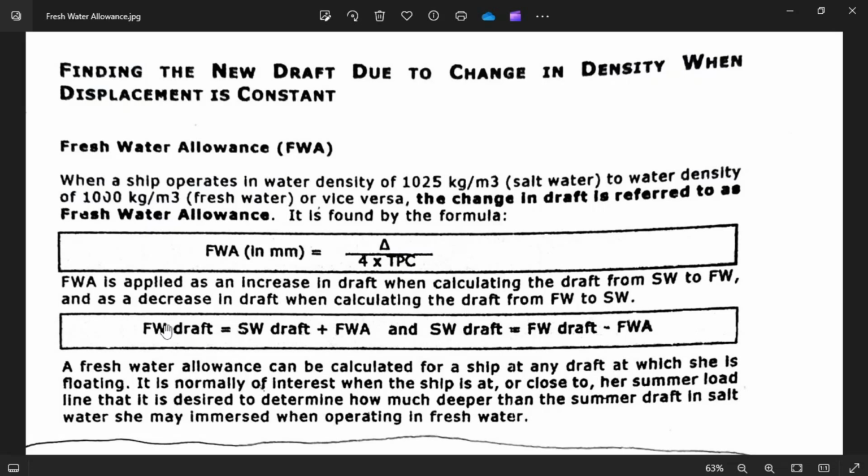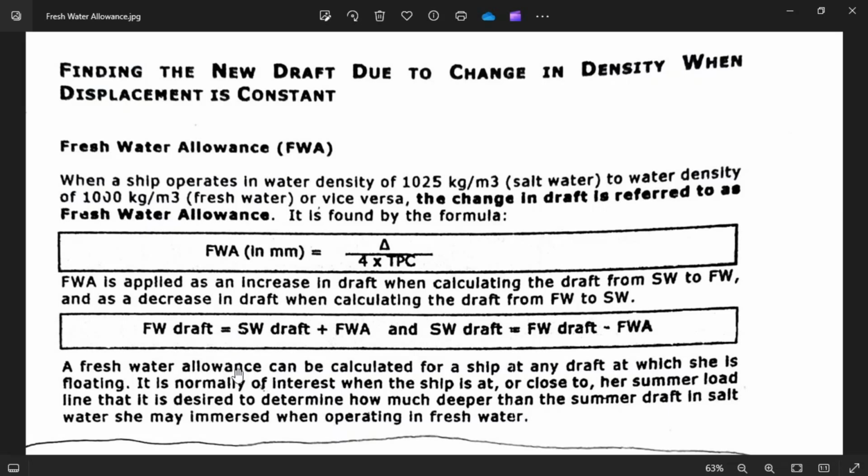Freshwater allowance is applied as an increase in draft when calculating the draft from salt water to fresh water, and as a decrease in draft when calculating from fresh water to salt water. Meaning guys, if you are looking for the freshwater draft, it is the saltwater draft plus freshwater allowance, because when you're floating in fresh water, the tendency of the vessel is to sink.